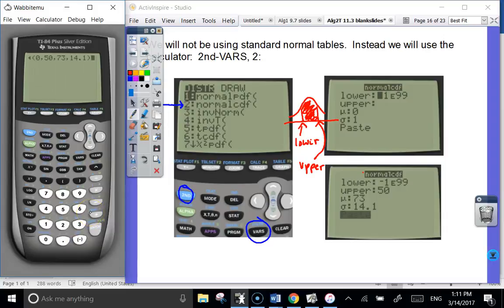Now, if you have a calculator at home, which is an 83, or if it's an 84 that hasn't had its operating system upgraded, then when you go second vars 2, it's just going to bring up parentheses. It's going to say normal CDF left parenthesis blank. And then you've got to remember what values go in there.